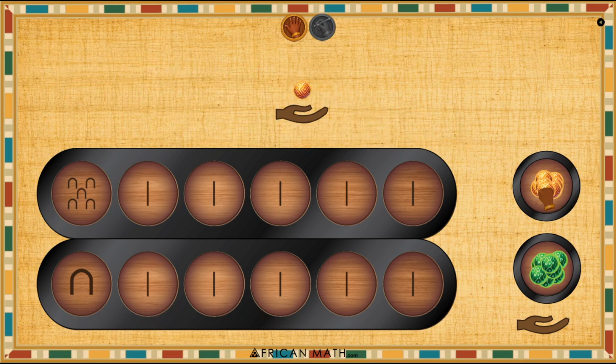Now, the advantage of having a hand is it helps you quickly group a quantity. So if we have 1, 2, 3, 4, 5 beads, okay, we have 5 beads.